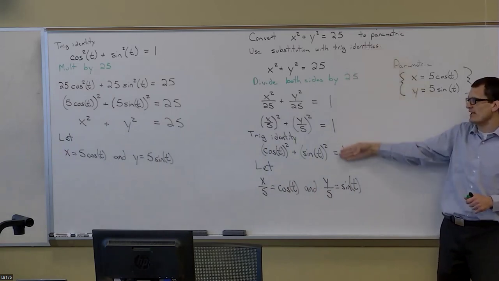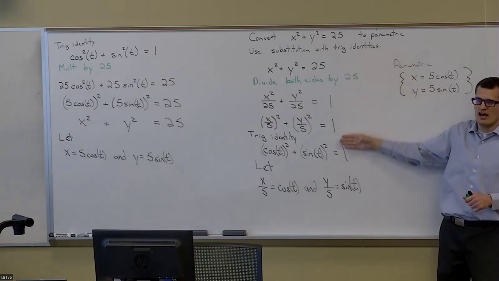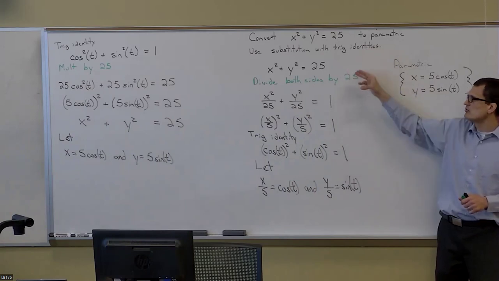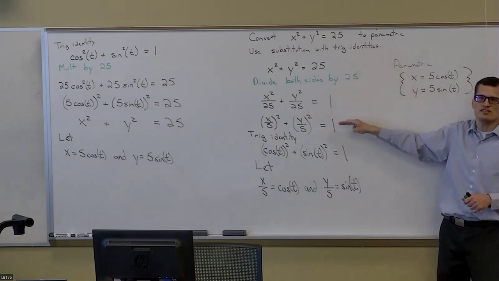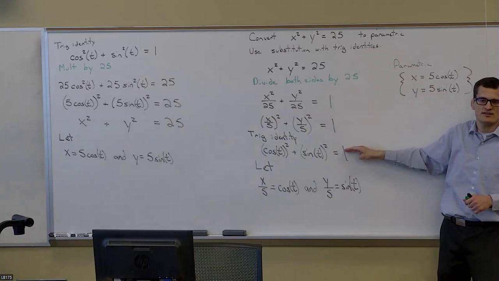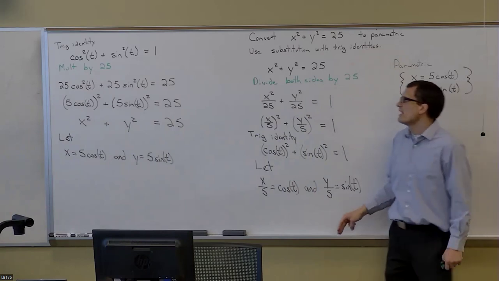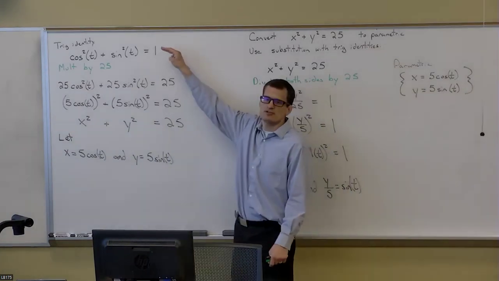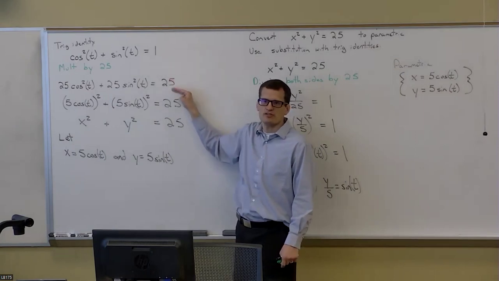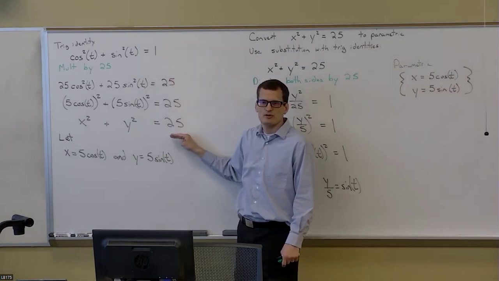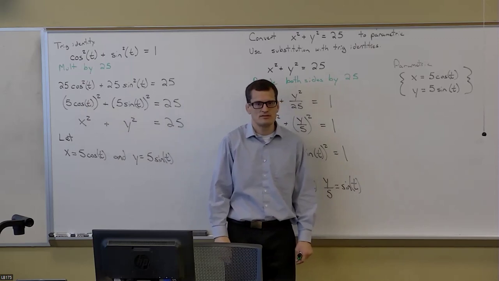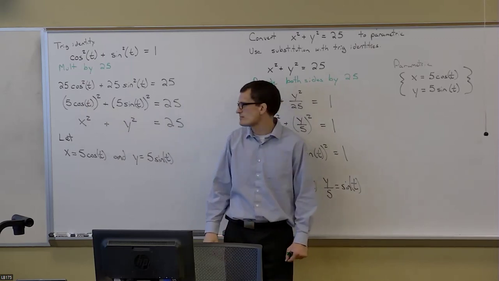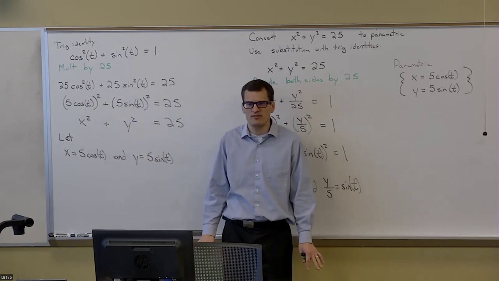In this method, I took my equation and made it look very similar to the trig identity. This way, I started with my trig identity and made it look similar to my equation. And then I do this substitution. Does that make sense?